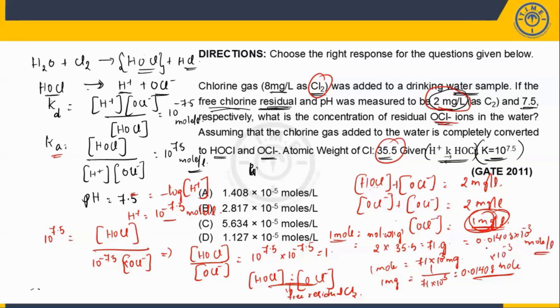So that means, it is 1.408 into 10 power minus 5 moles per liter. Am I right?